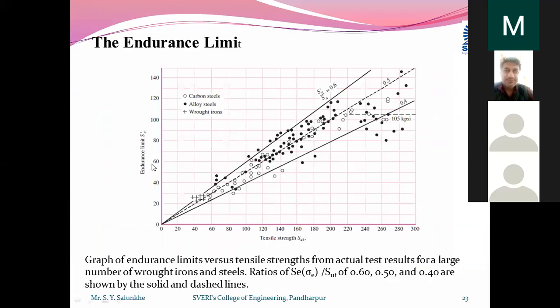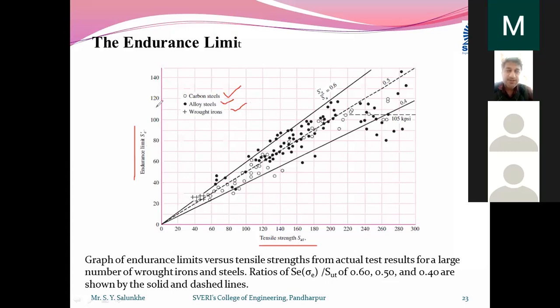Now, if you are going to calculate the endurance limit for various materials, as I have mentioned, for the standard materials these SN curves are available. That is for carbon steel, alloy steel, then wrought iron, the tensile strength and endurance limit graph is available.